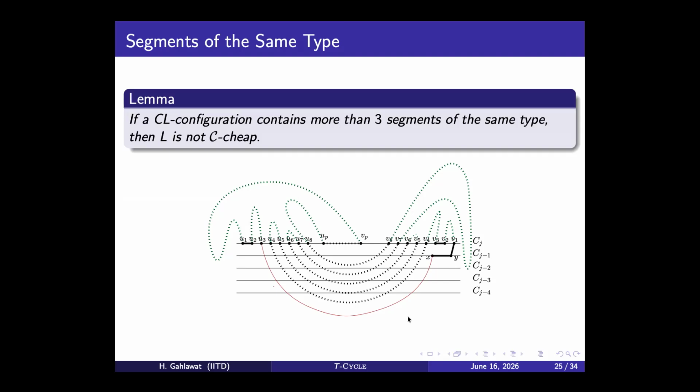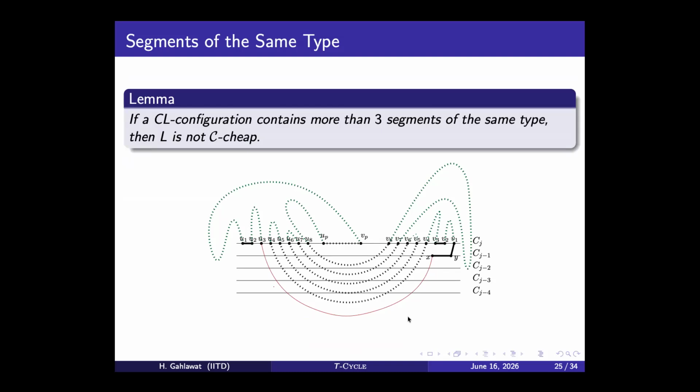This is a very simple thing to do. You just deleted these two very expensive cycles. Since the number of segments is more than 3, they are using at least one edge, which is expensive. And since I have removed this part completely, no terminal is contained inside. This is why we needed that there is no terminal. These two portions did not contain any terminal.